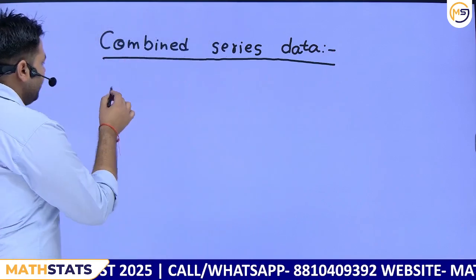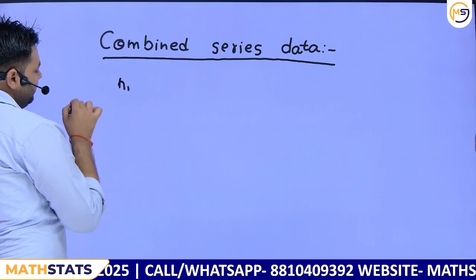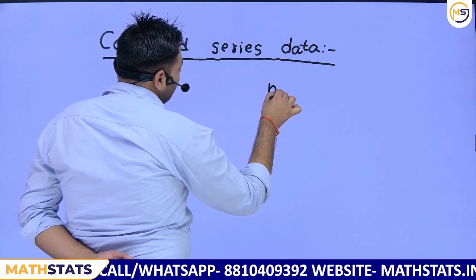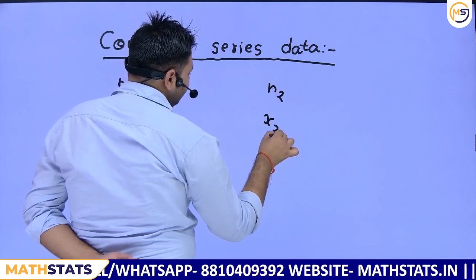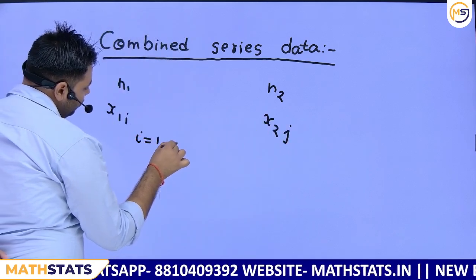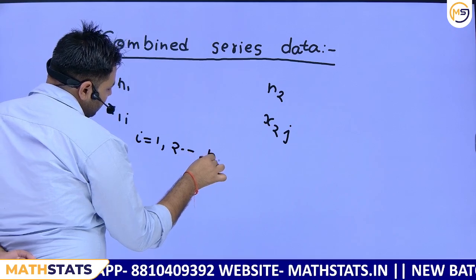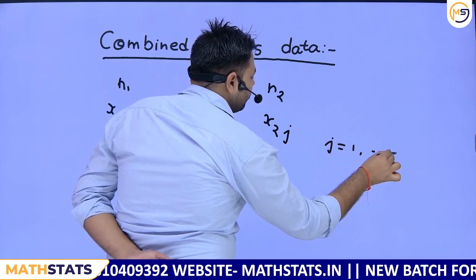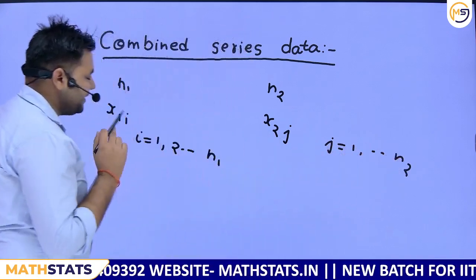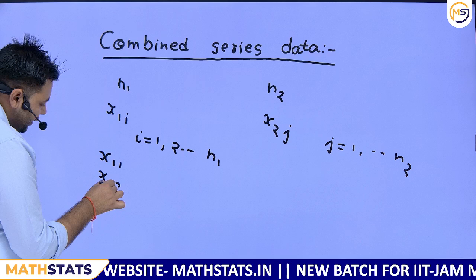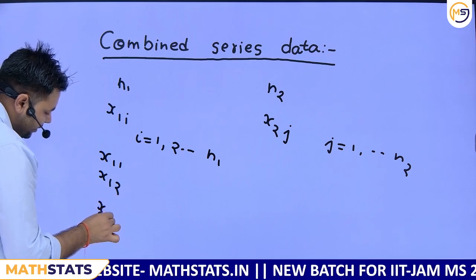Suppose we have two observations. This is n1 terms, say x1i, and here n2 observations, say x2j. Okay, and this i equal to 1 to n1 and this j equal to 1 to n2. So the first observation is x11, x12, and so on x1n1, right?